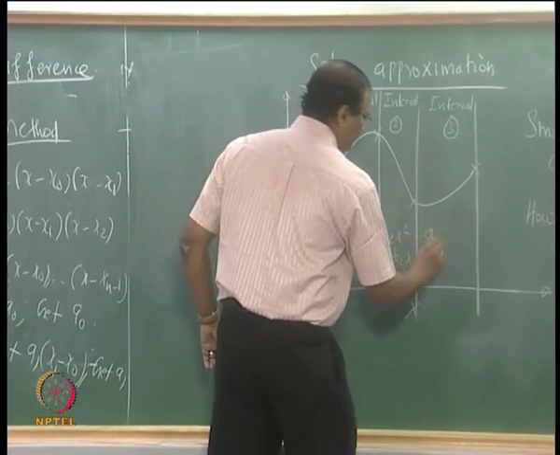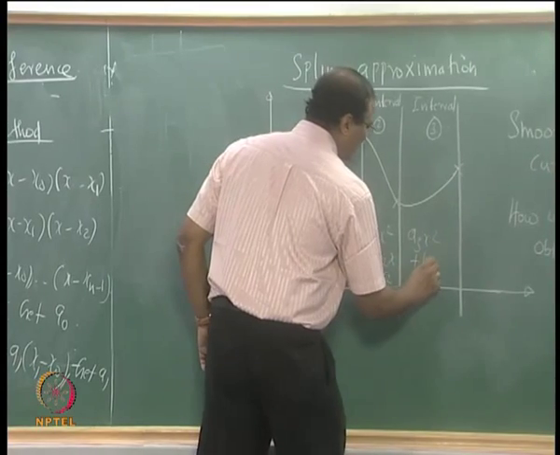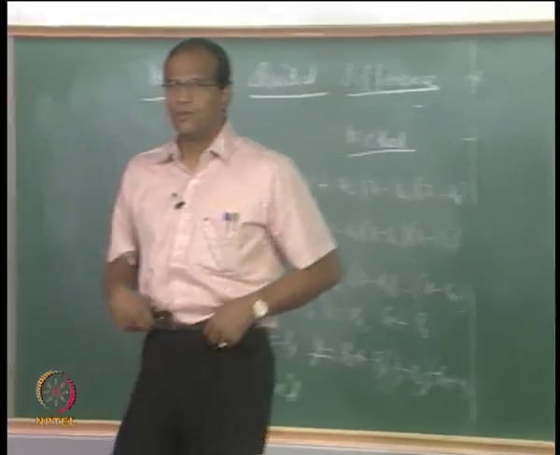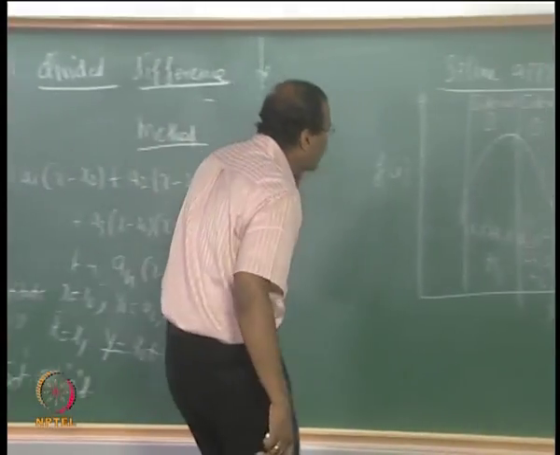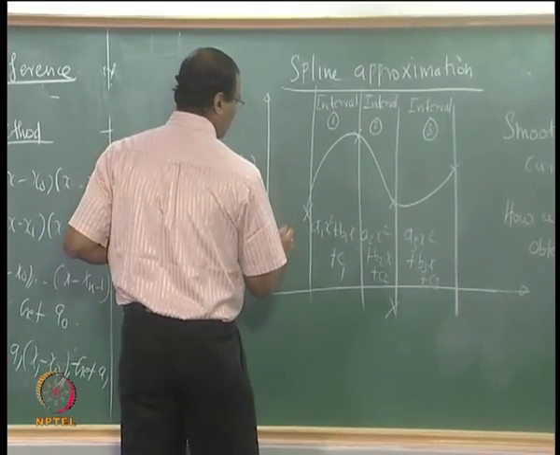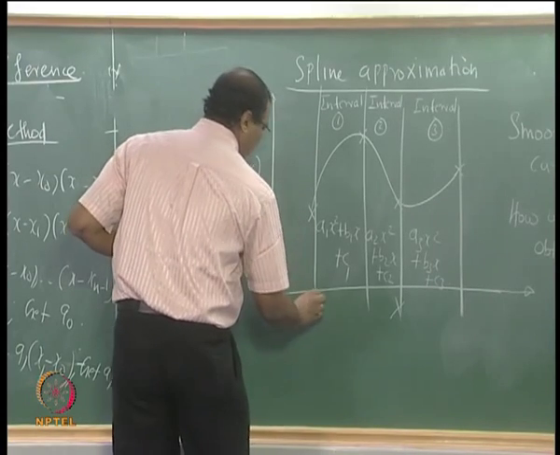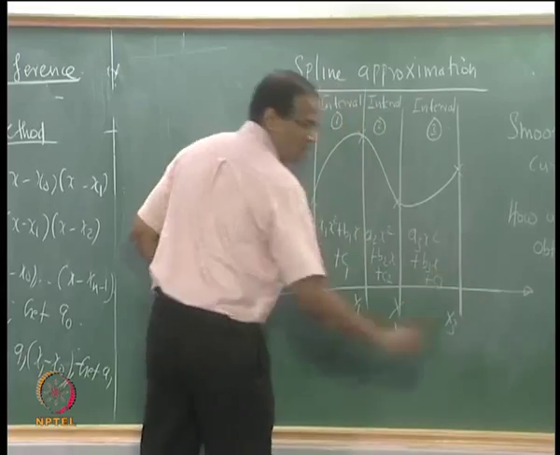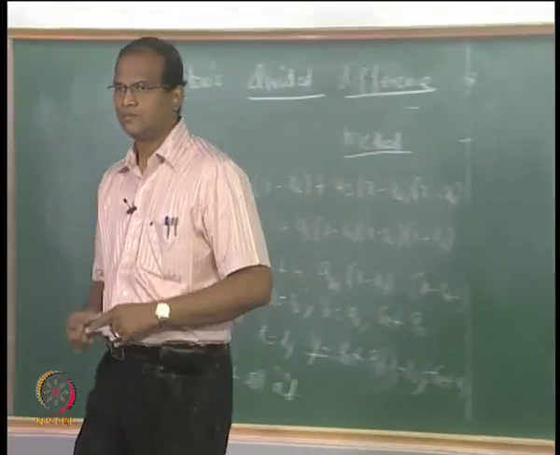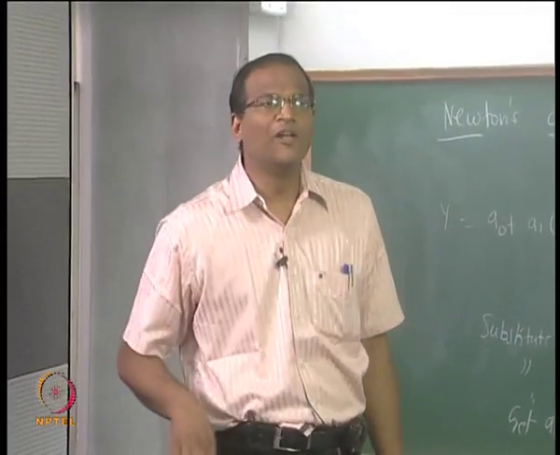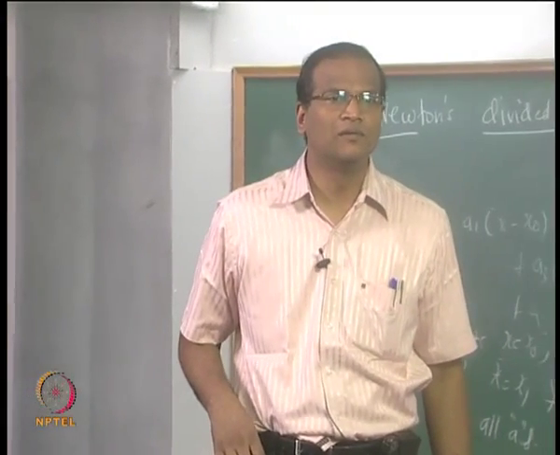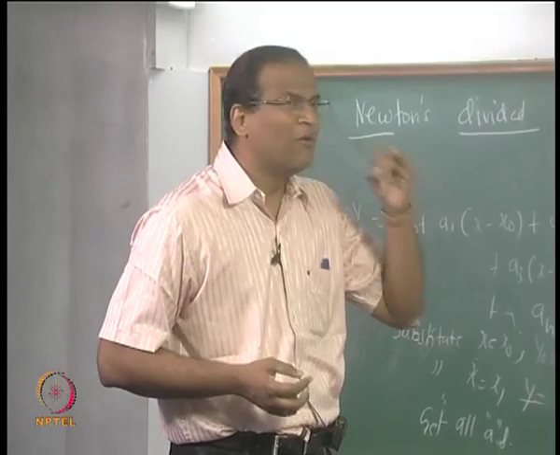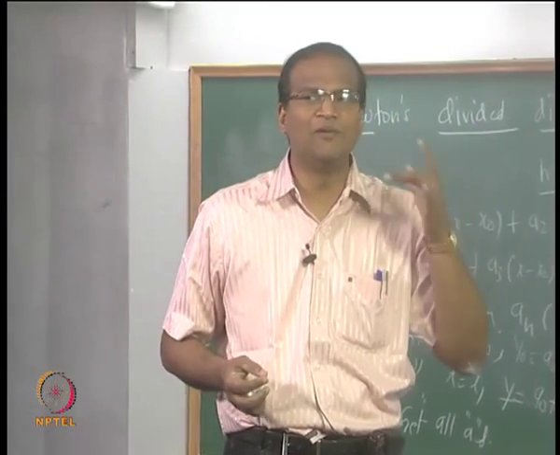Here it is a3 x squared plus b3 x plus c3. We have only the value of the function at 4 points, x0, x1, x2, x3. How many unknowns are there to be determined? 9. What are they? a1, a2, a3, b1, b2, b3, c1, c2, c3.